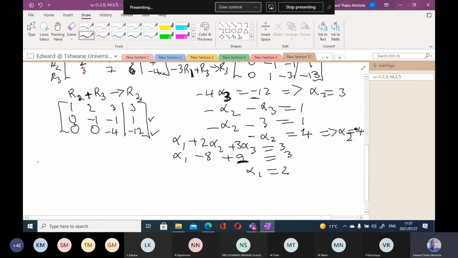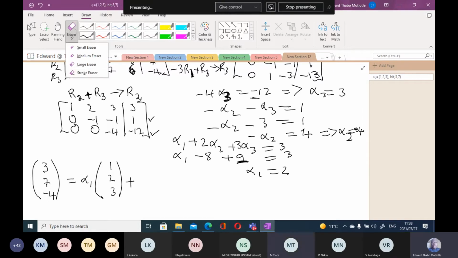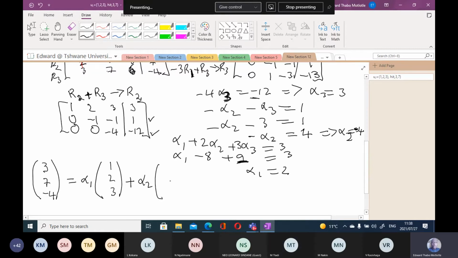Yeah, that's correct. Okay, now you have 3, 7, minus 4. So this means you are focusing now. Equals to alpha 1. And my alpha 1 is 1, 2, 3 plus, okay, we can substitute values. Or let me write first. Alpha 2 multiplied by 2, 3, and 7 plus alpha 3 is equals to 3, 5, and 6.